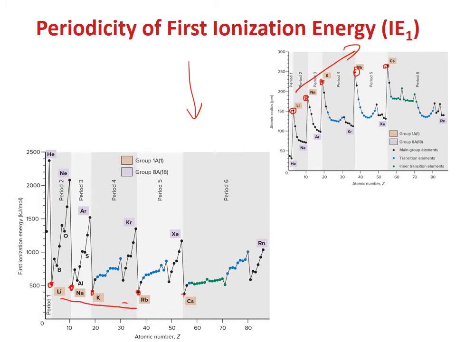Ionization energy decreases down a group. Now let's look across a period, where the atomic size decreases. Let's look at period 4. From potassium to krypton, atomic size decreases, and the ionization energy increases. So the trend of ionization energy is opposite to the trend of atomic size.